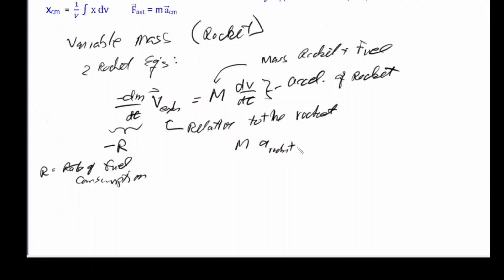So if we substitute these in, we get r times the velocity of the exhaust gases is equal to the total mass of the rocket and fuel to start with times the acceleration of the rocket. And that is defined as thrust, or T. So this is our first rocket equation.